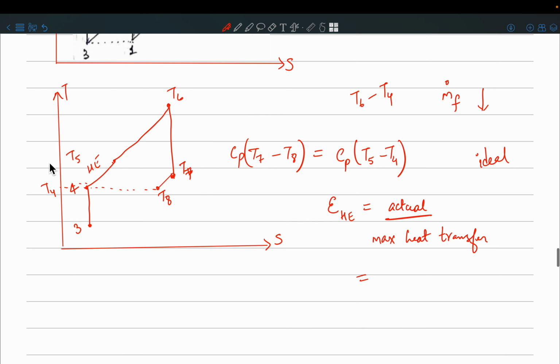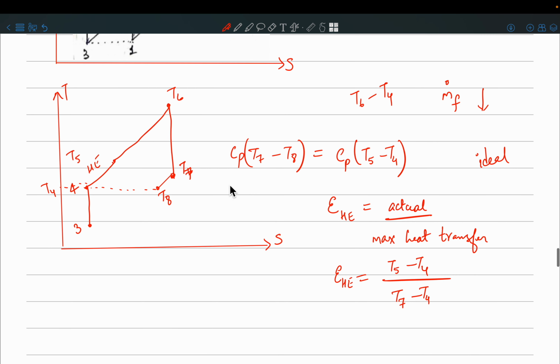Maximum heat transfer is going to be from T7 to T4, because you start with a hot fluid initially at a temperature of T7, and you're going to achieve T8, but in an ideal situation T8 is equal to T4, so I'm going to write T7 minus T4. In the numerator we have the actual heat transfer. What is the actual heat transfer going to do? It is going to increase the temperature from 4 to 5. So the actual heat transfer is T5 minus T4. So this is the definition of the efficiency of a heat exchanger.